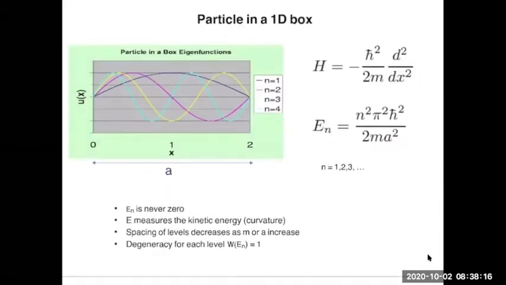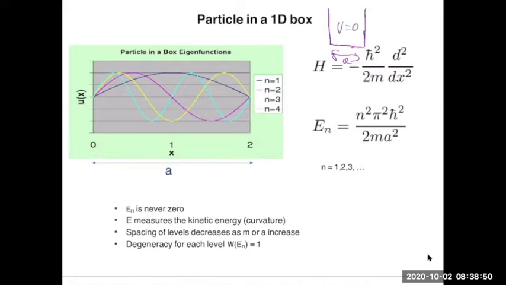Okay, so let's do the particle in a box as an example. We're going to do a one-dimensional box, as good physicists do. Here's my box, and the length here is A. What a particle in a box really means is that in here the potential is 0, and these walls are infinitely high, so outside the potential is infinite.